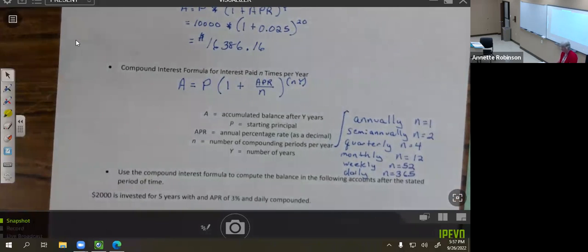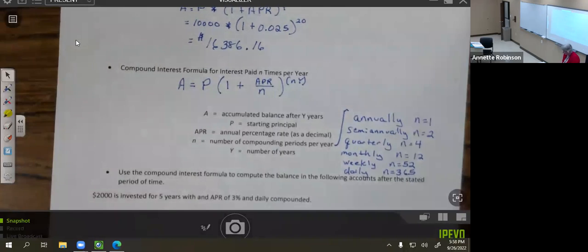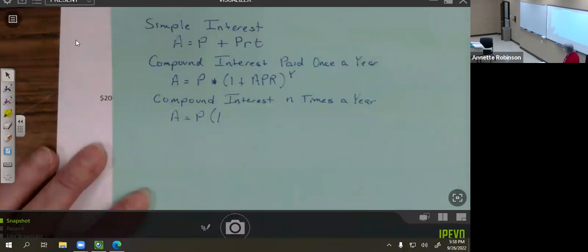So again, to the green sheet. Let's call this compound interest N times a year. I'm writing it on my green sheet of paper, just like this.